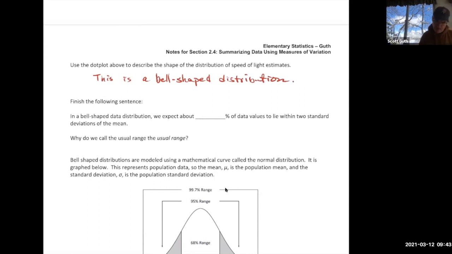Okay. And so finish the following sentence. It says, in a bell-shaped data distribution, we expect about blank % of data values to lie within 2 standard deviations of the mean. What percent?